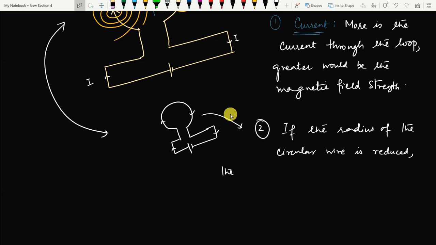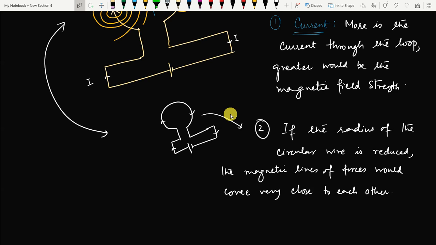The magnetic lines of forces would come very close to each other. And we have already learned that the closeness of the magnetic lines determines the strength of the magnetic field.